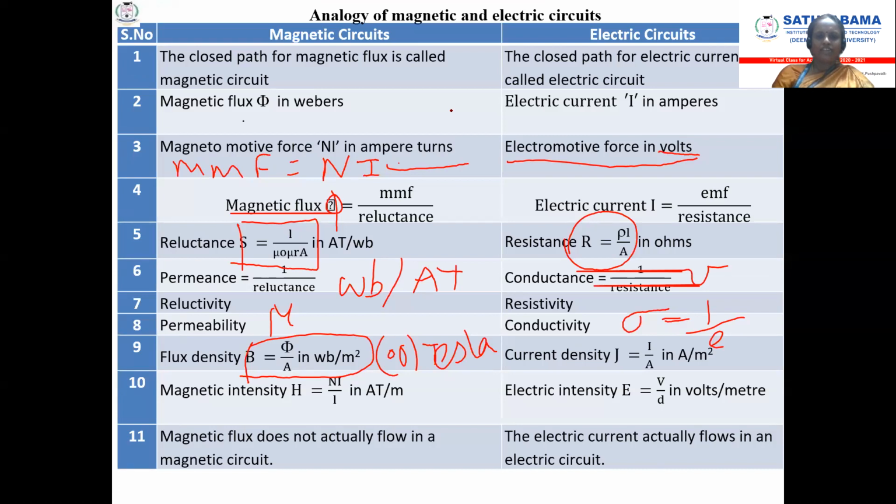Which questions should we prepare for the exam? I told you, in the first unit you have only mesh and nodal analysis, and in the second unit the questions will be from the theoretical or problem part.